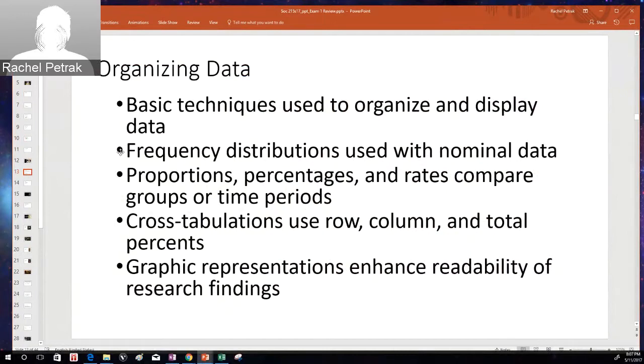When we have nominal data, the pie chart is a great visualization for it, because nominal data can't be represented in a histogram, since a histogram depends on there being some ranking among your data, i.e. a histogram depends on a continuous measurement or continuous scale. We can use the proportions, percentages, and rates to compare our groups or time periods. And these graphic representations are pretty useful.